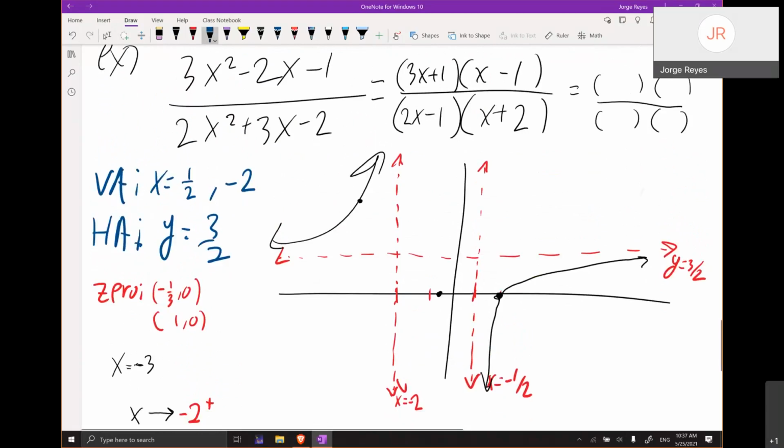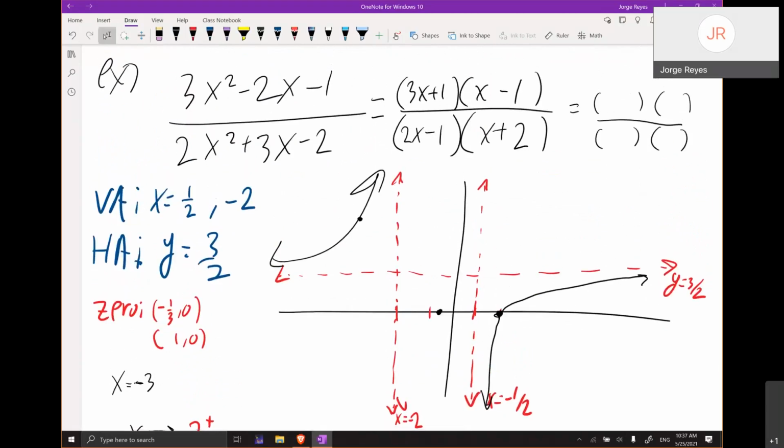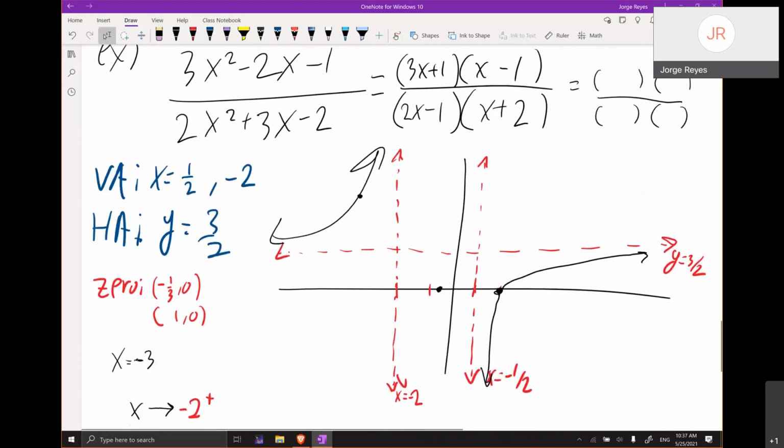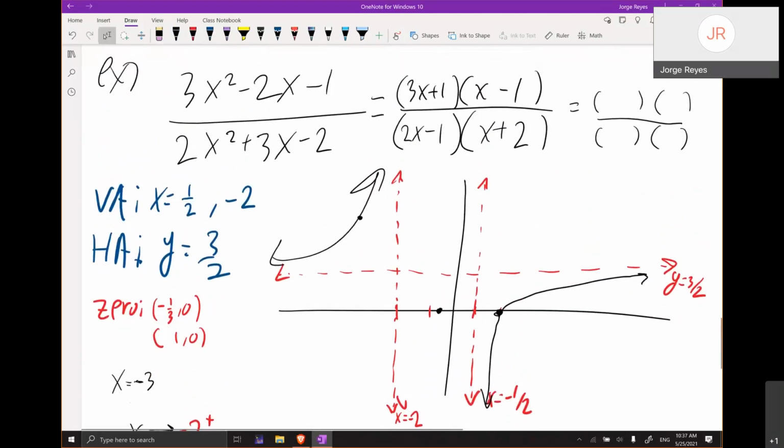So if I plug in -2 from the right, then this number is definitely negative. This number is also negative, because I'm gonna get something like -5.